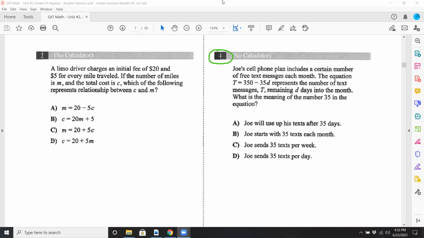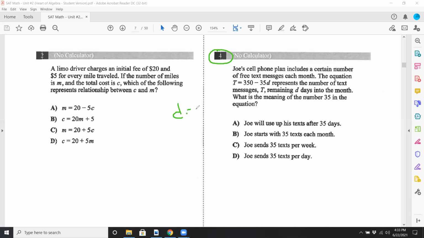The equation represents the number of text messages remaining D days into the month. So what it means is that if D is 0, the month has just started, like July 1st, he gets 350 text messages. Every time D goes up by a number, he loses a certain amount of text messages.